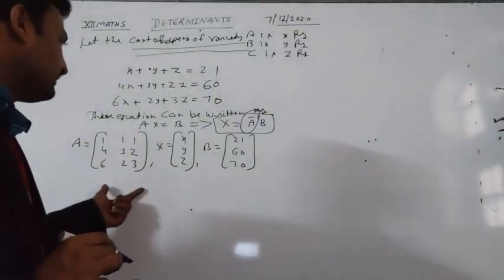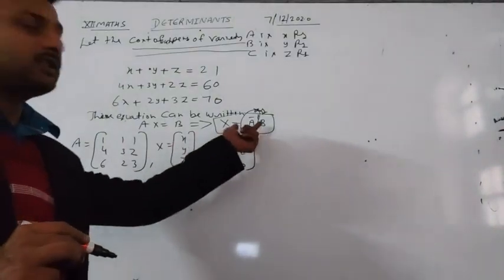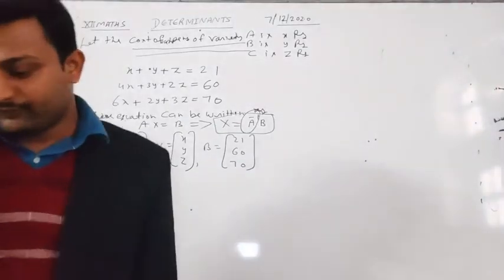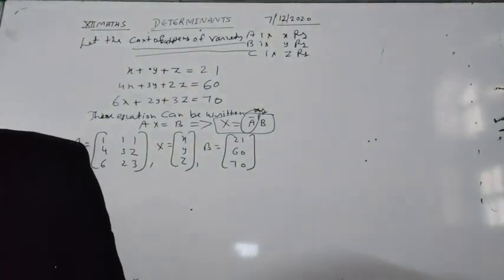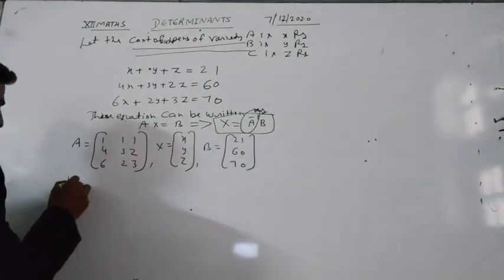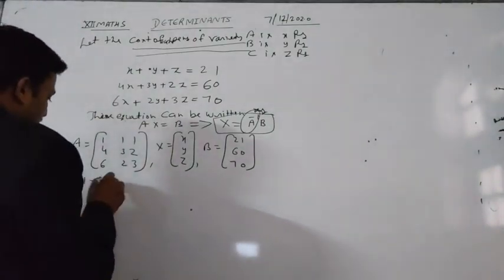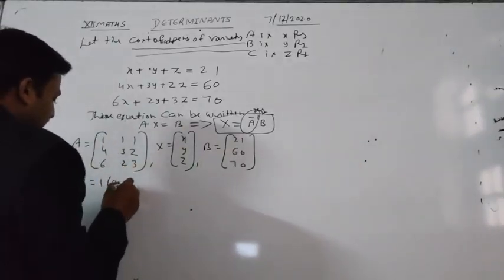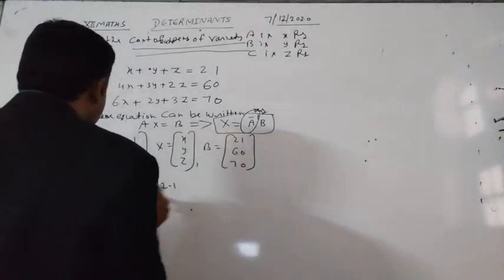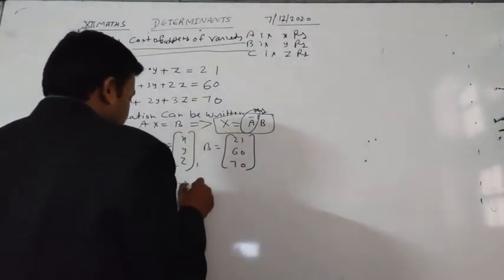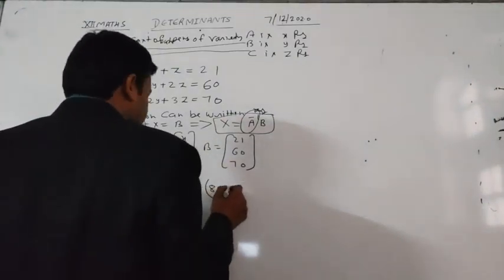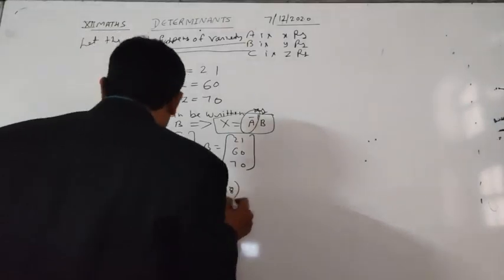When we find A inverse, we will put the value of A inverse in this equation, and from there we will equate our x, y, z. So to find A inverse, we will first check the determinant of A. Which is 1 times (9 minus 4), minus 1 times (12 minus 12), plus 1 times (8 minus 18).